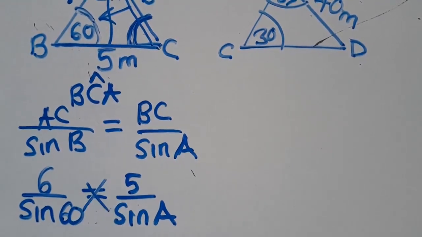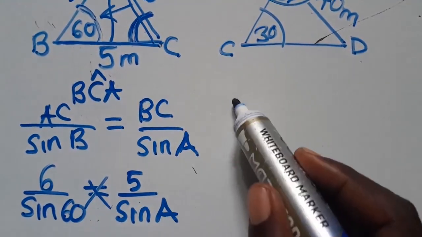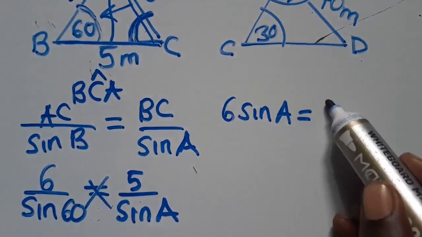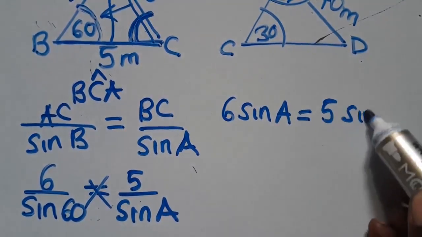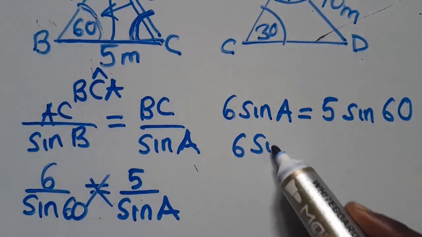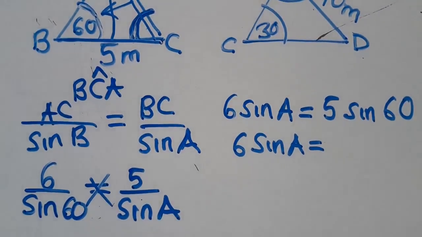You cross multiply. When you cross multiply, you're going to have 6 sine A is equal to 5 sine 60. What is 5 sine 60?